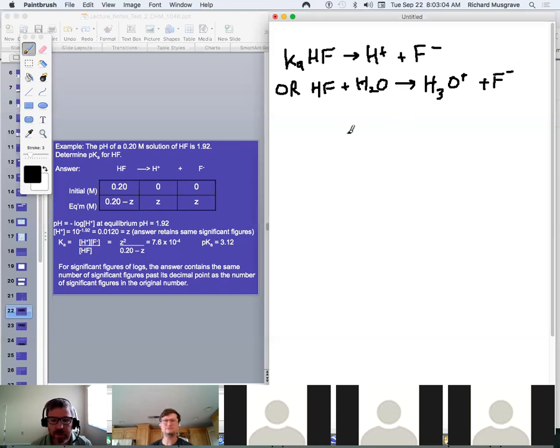The reason for that is because H plus and H3O plus are equivalent statements. All H3O plus is, is H2O with an H plus connected to it. I can draw a structure of it. It looks like this.